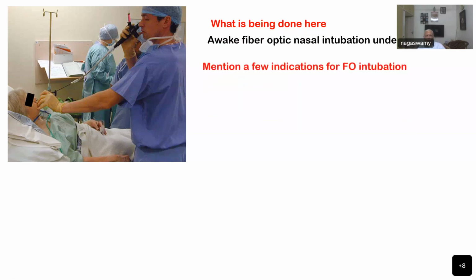Mention a few indications for fiber optic intubation. Difficult airway. Yeah, anticipated difficult airway where you cannot do conventional laryngoscopy. What are the conditions where you anticipate difficult airway and plan for awake fiber optic intubation? Commonly asked in the examination.